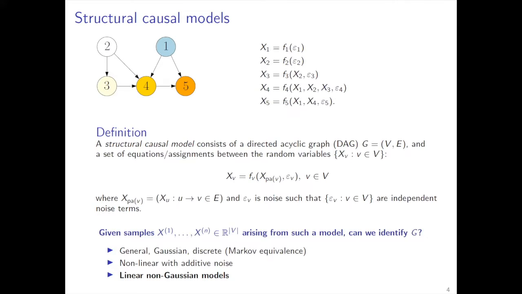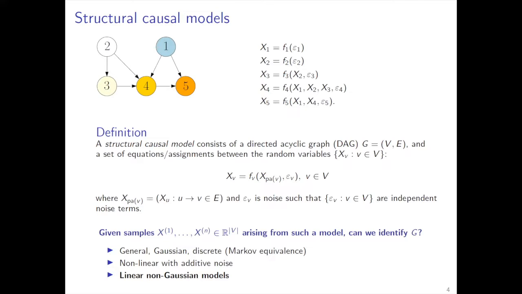You can't tell if 1 causes 2 or 2 causes 1 in general. If you have 2 variables, you can just say if they're correlated, but you can't say which way the causality goes. This also happens for Gaussian variables. If your vector x is a multivariate Gaussian vector, then you still can't quite learn the graph, and also in the discrete case. If each of the xi's takes finitely many values, there's something called Markov equivalence, which I will explain in another slide. But there are certain models for which you can actually say what the graph is.